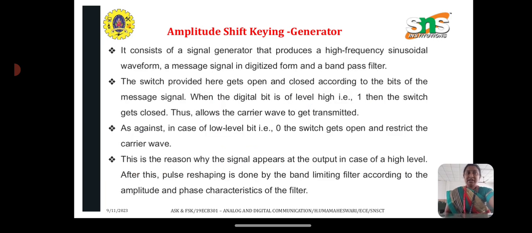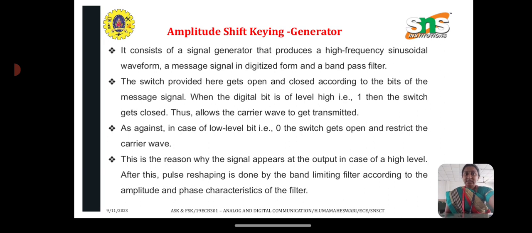In the amplitude shift keying generator, first the signal generator produces a high frequency sinusoidal waveform. Then the switch, which we saw in the generator block diagram, opens and closes. When the digital data is at high level, that is 1, the switch gets closed, and in case of low level, 0, the switch gets opened.